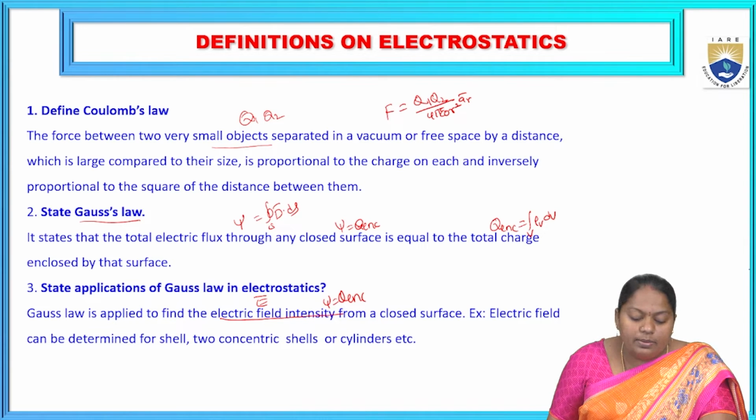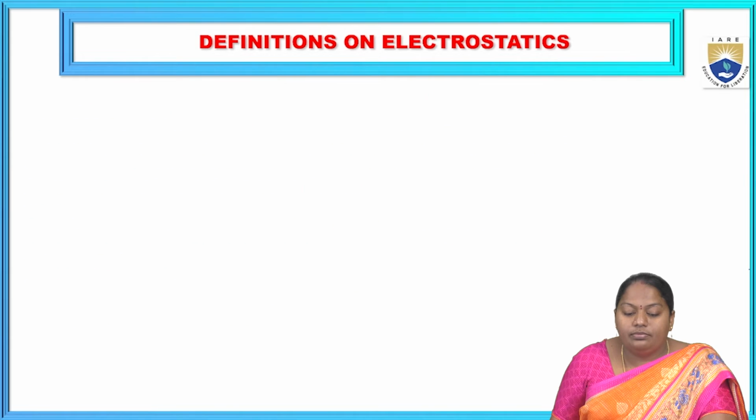For example, the electric field can be determined for a shell, for two concentric shells, or for cylindrical cases. These are some of the applications of Gauss's law in electrostatics.